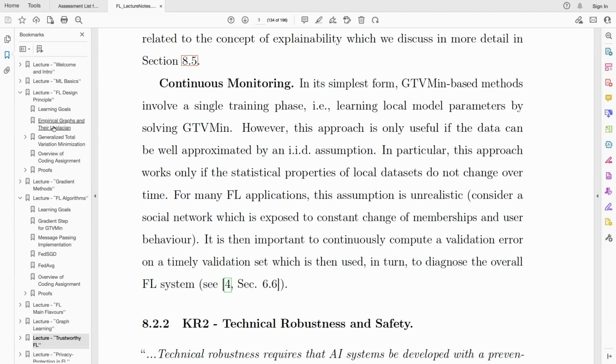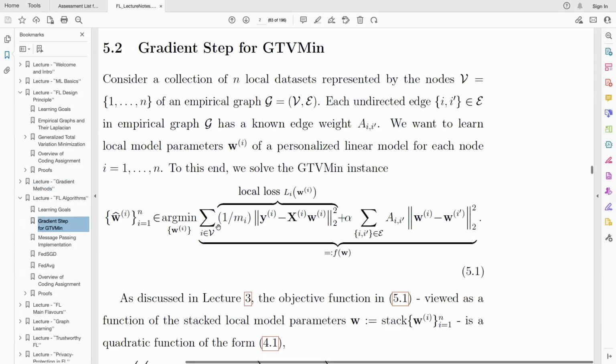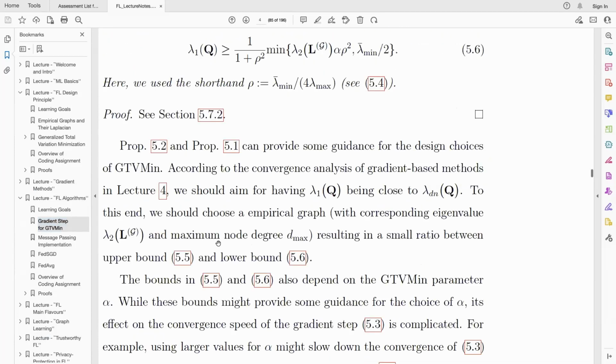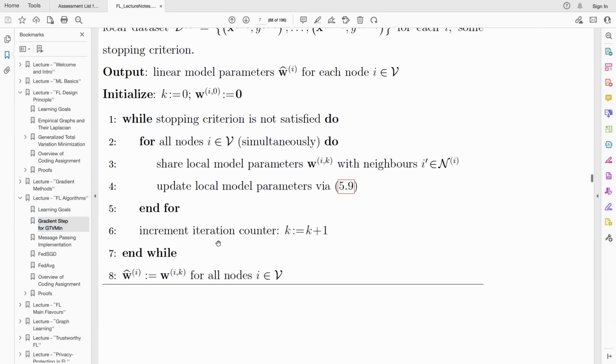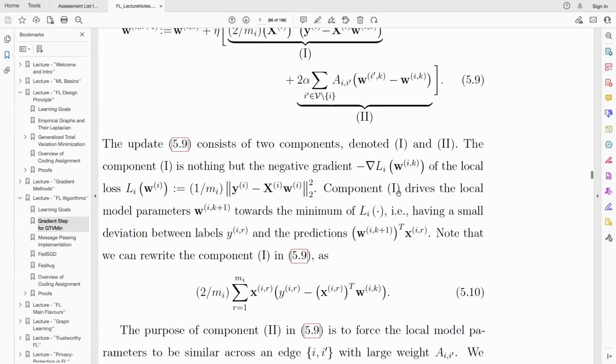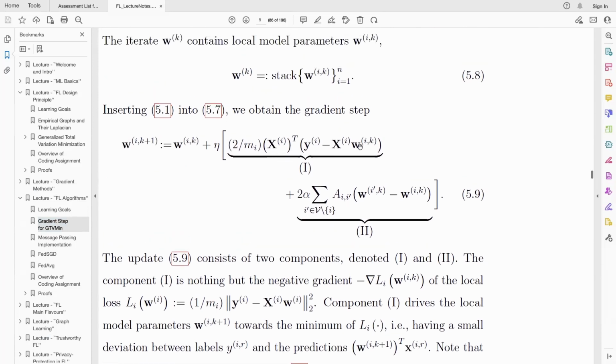So let me show you here with the gradient methods, or even the gradient step for GTV minimization. This basic gradient descent works by updating the local model parameters via 5.9. And in 5.9, we have the whole data set, so the feature matrices.